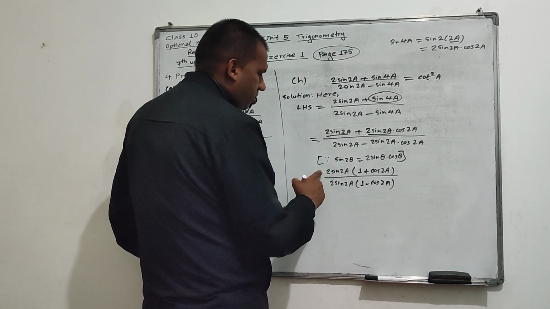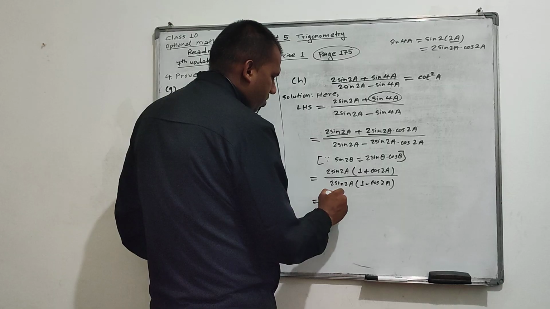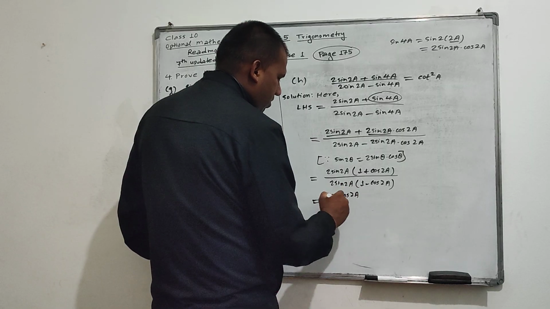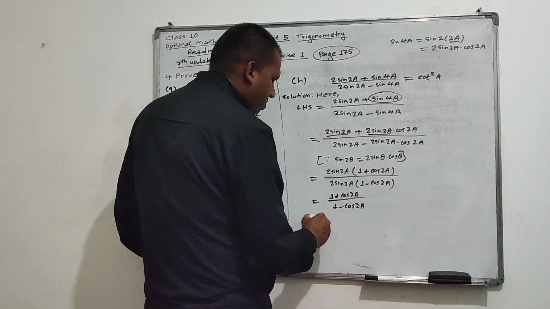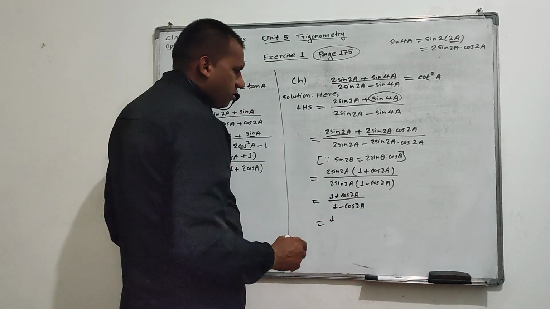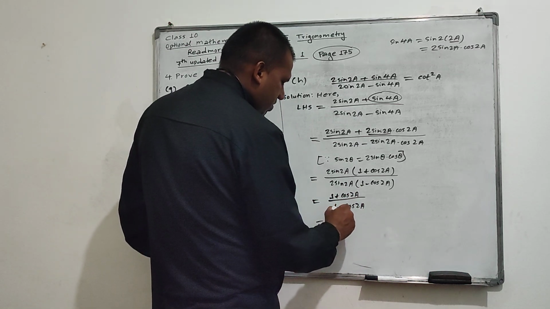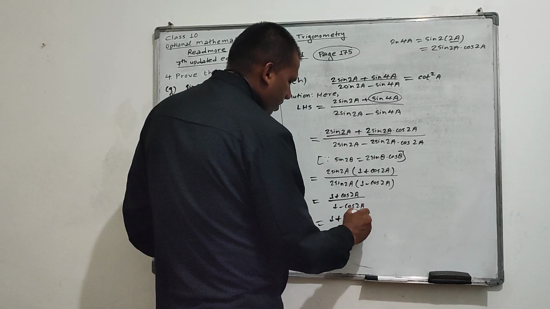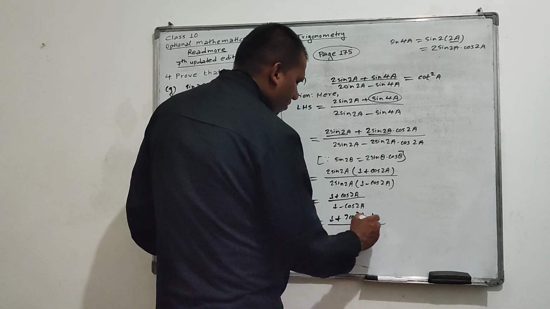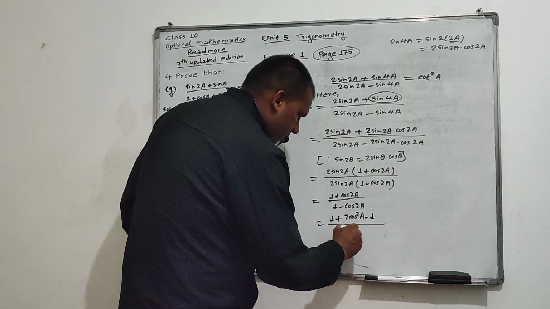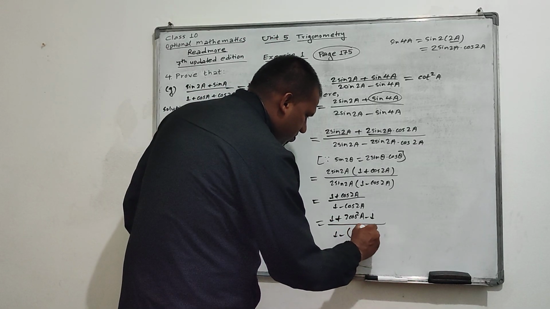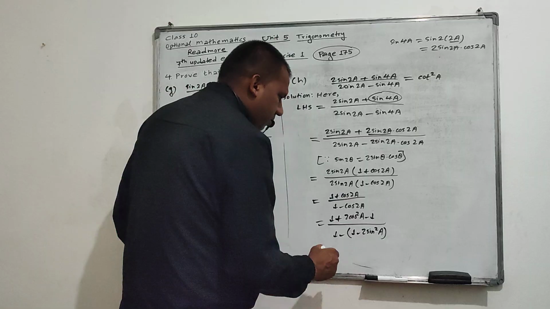Now 2 sine 2a cancels out, 1 plus cos 2a whole upon 1 minus cos 2a. 1 plus cos 2a is 2 cos square a minus 1 upon 1 minus cos 2a, that is 1 minus 2 sine square a.